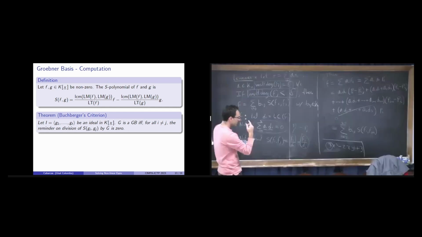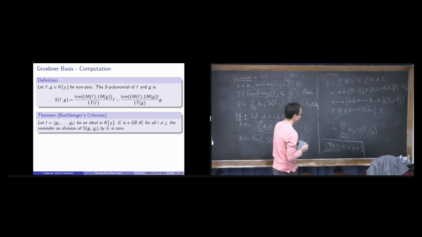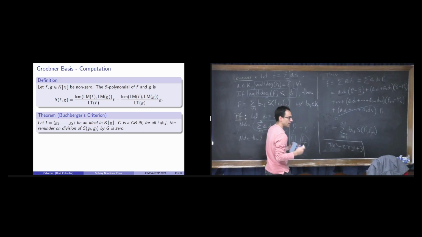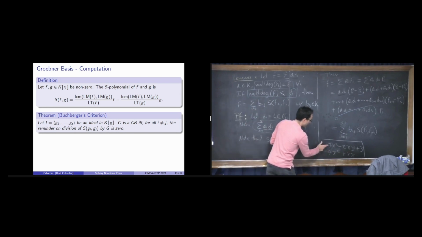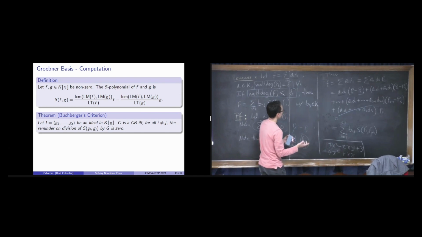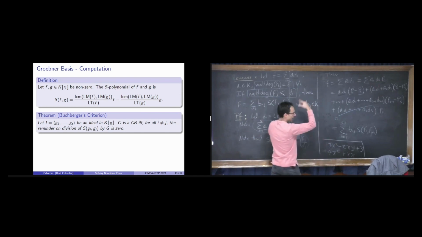Maybe can you give any example for that? Yes, I can try. So we're talking about polynomials with the same leading monomial. So it can be something like 3x squared minus and so on, and another one like, I don't know, 4x squared plus 2x or something. These have the same leading monomial, x squared.